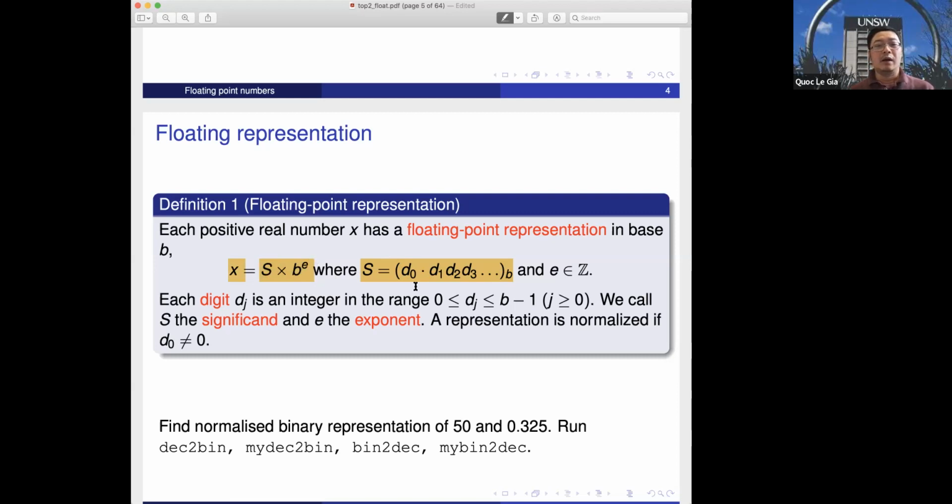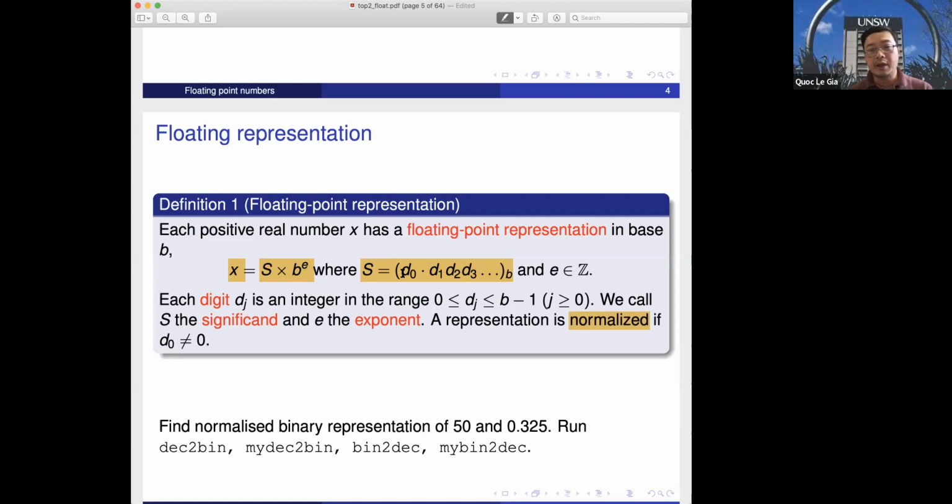Okay. And E is the exponent. And then there is a term called normalized. Again, normalized is if the very first digit is not 0. Okay, so remember 0.5, when I wrote it in binary, I got 0.1. Then it's not a normalized number.